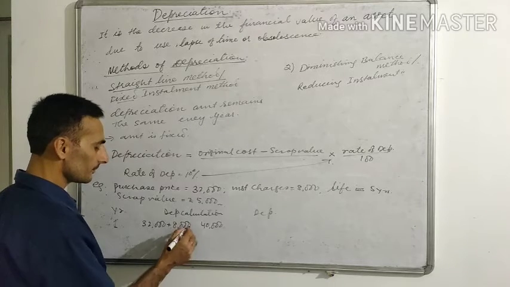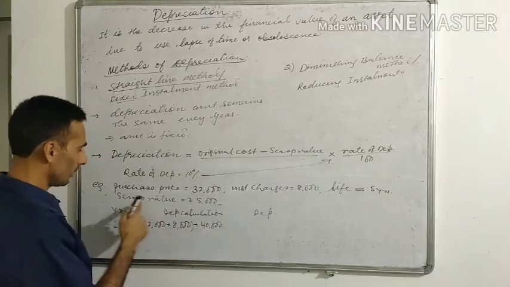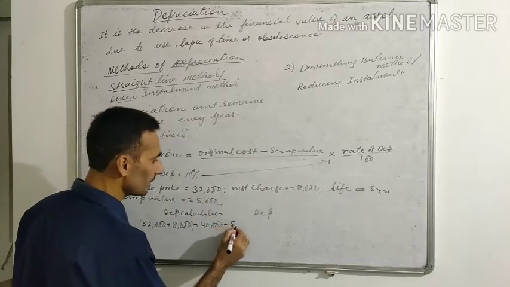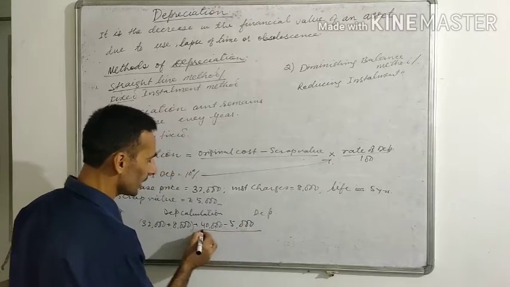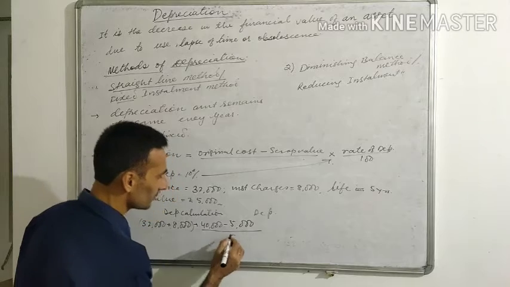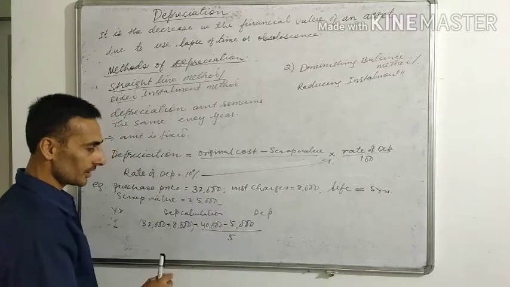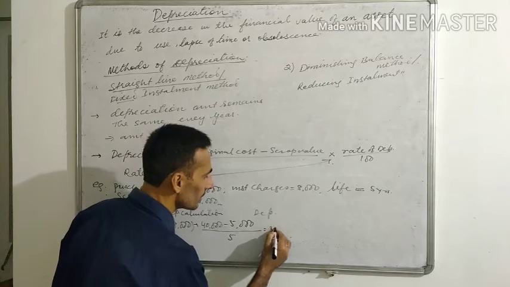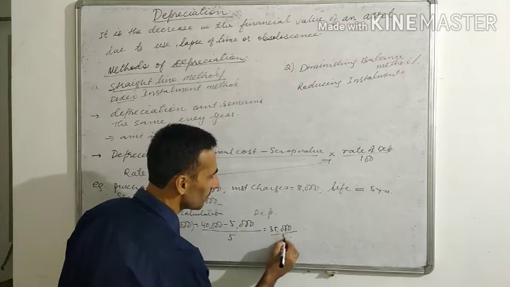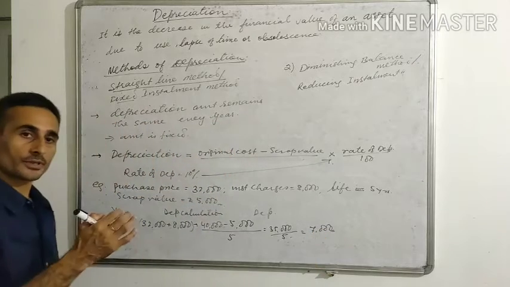So minus what? Scrap value. What is the scrap value? Minus 5,000. That is the scrap value divided by life of the asset. What is the life of the asset? 5, right? So 40,000 minus 5,000 will give you 35,000, divided by 5 is 7,000. So this is the depreciation for first year.